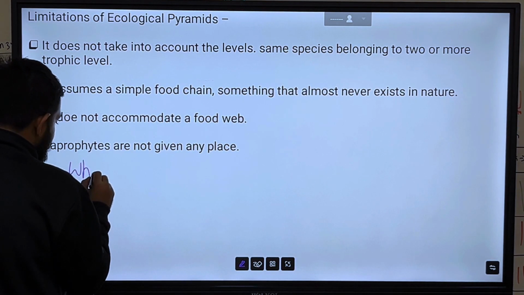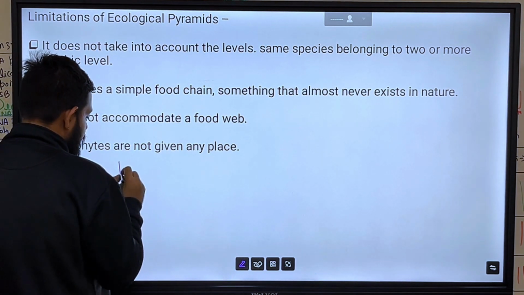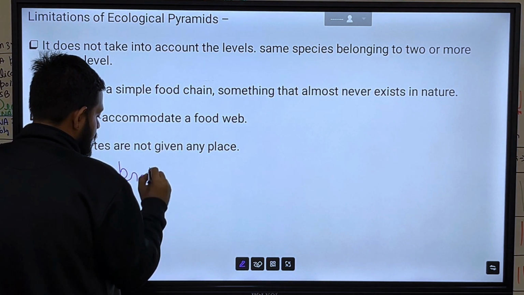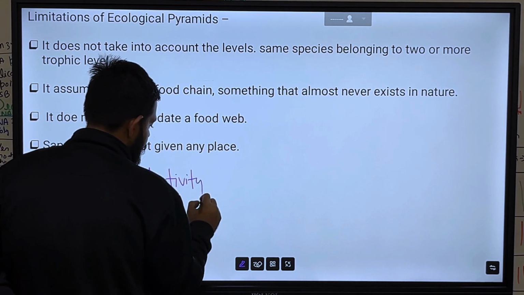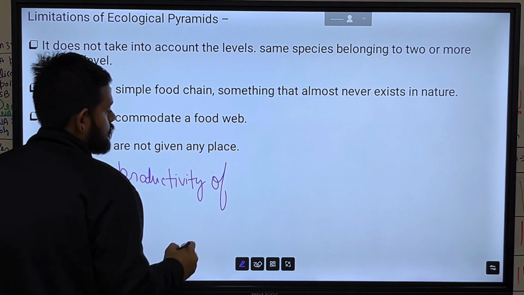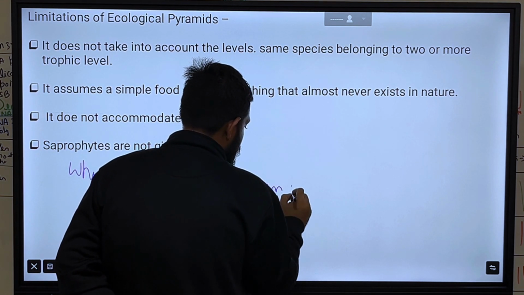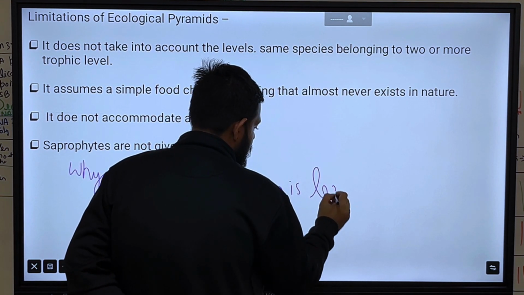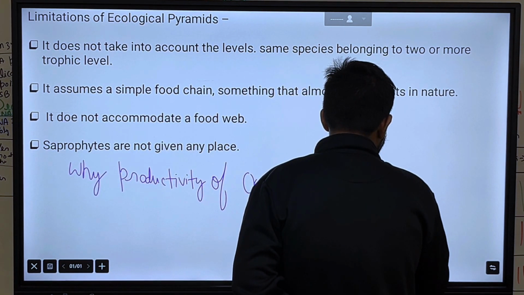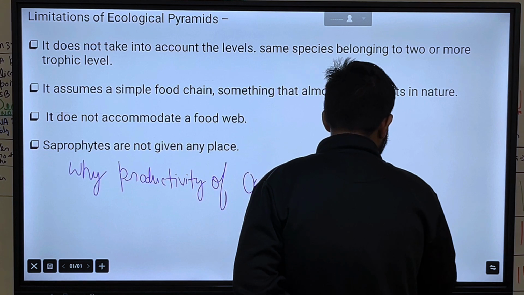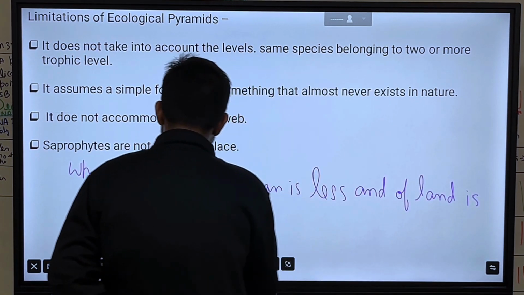Why is the productivity of the ocean less and of land more?